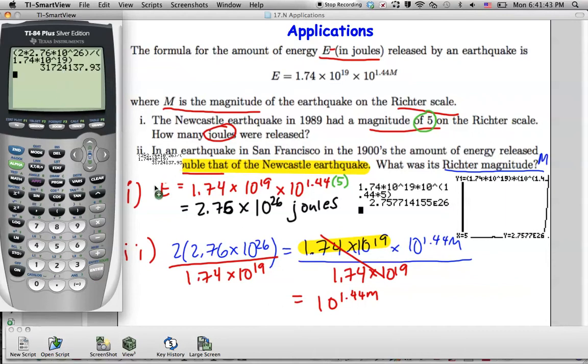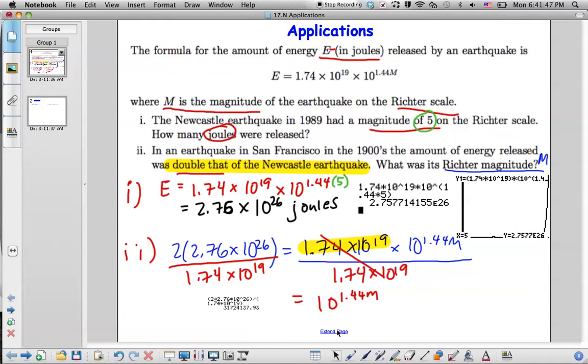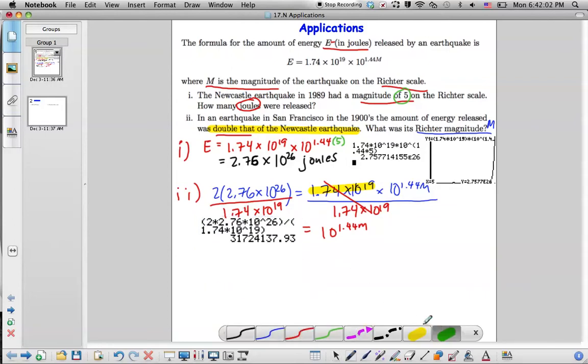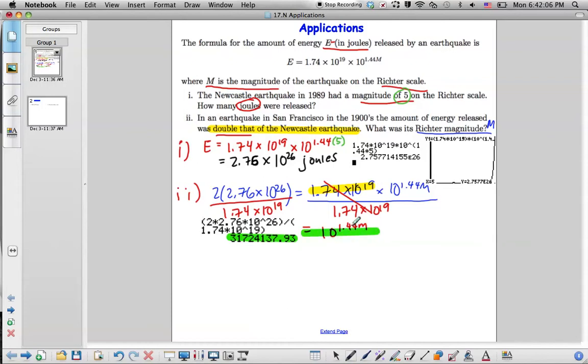And there's our answer here. We'll bring that down here. So now, I'll make that a little bit bigger so we can see it. So now we have this equation. If we just look across, we have our solution equals 10 to the 1.44 m.